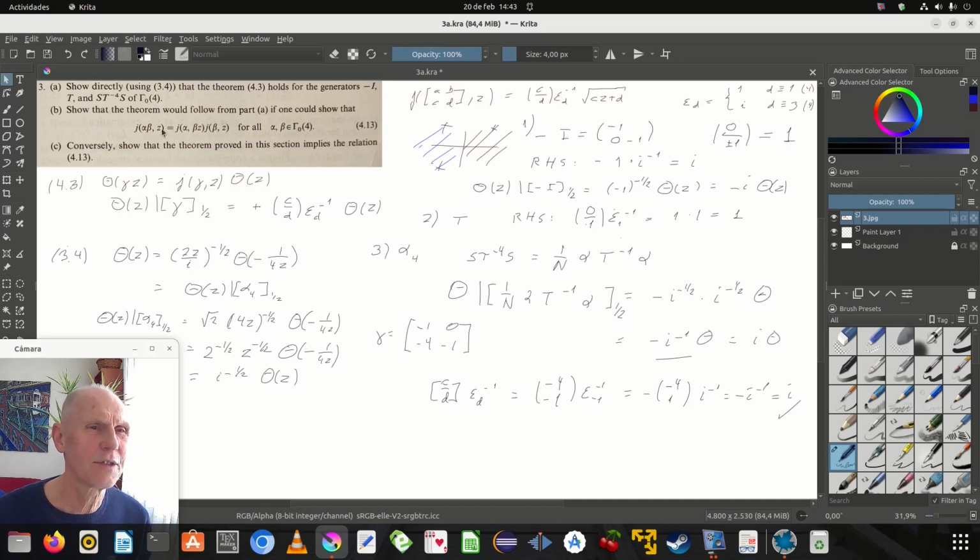We just need to see that it's actually beta set we get here, but I really don't want to do that. Conversely, if the theorem is proved, then it implies the relation. That's just as trivial. It's just formal nonsense.